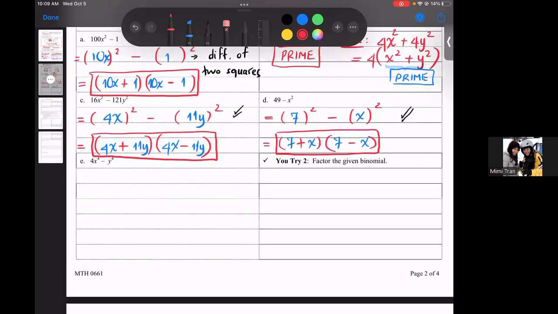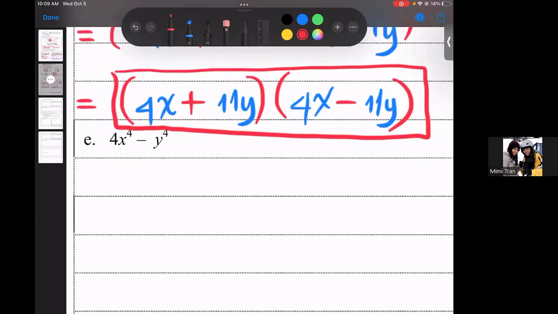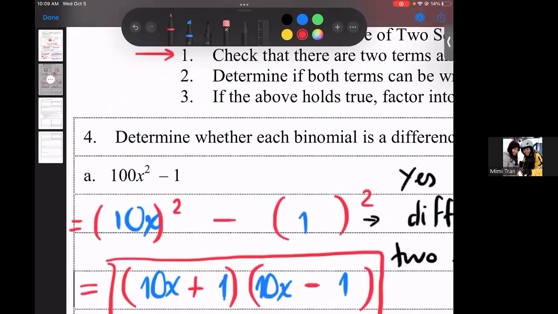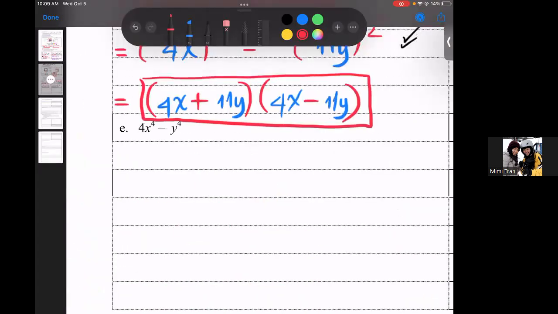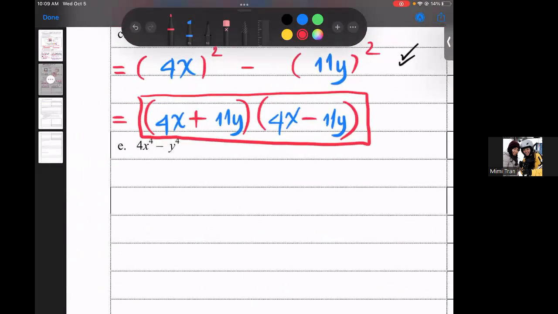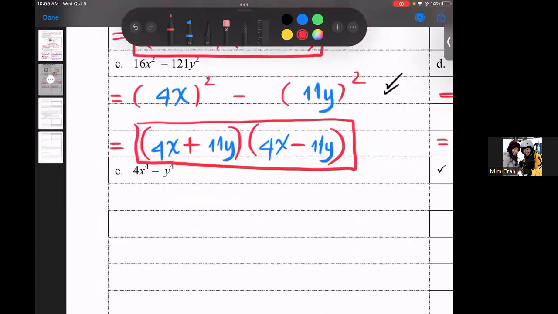Last one, and then I'll give you one to try. This one is 4x to the 4 minus y to the 4. Is it a difference of two squares? Well, first of all, does it satisfy the first condition? Is it two terms with the operation subtraction? Yes, right? So let's move on to the second condition. Can I rewrite 4x to the 4 as something squared? 2x what?